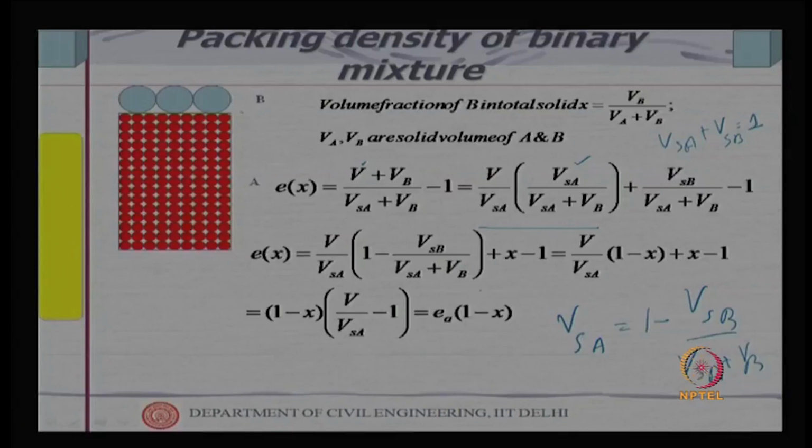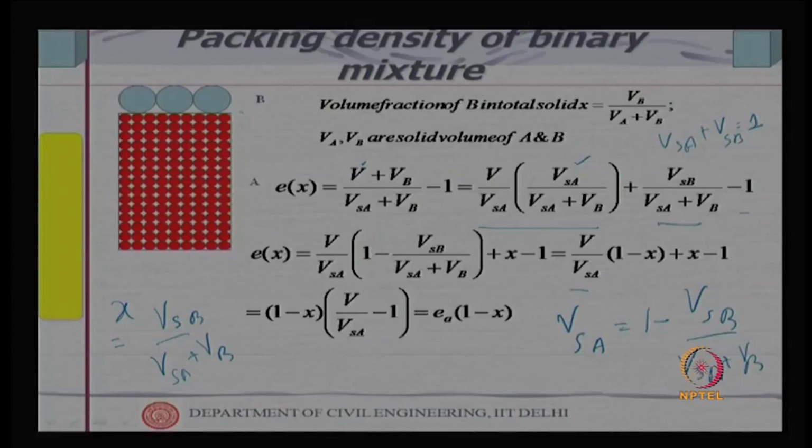So, I am writing it like this, and if I define x, what was x? The definition of x was VSB divided by the total volume. That is the fraction of solid volume of B in the total volume, that is what we defined as x. So, this is x, and this is also x, by definition, minus 1.